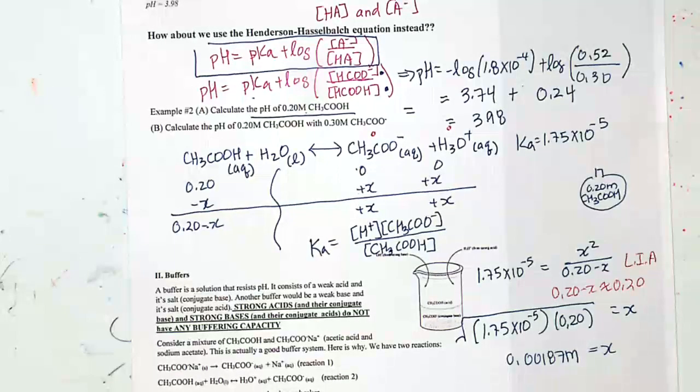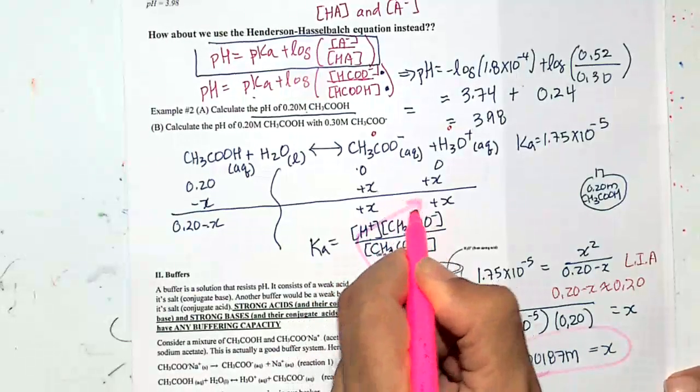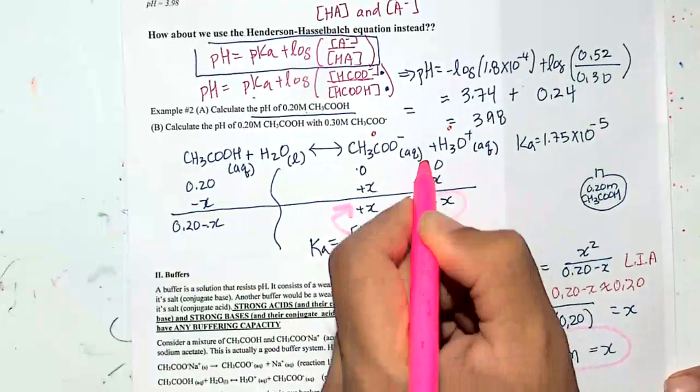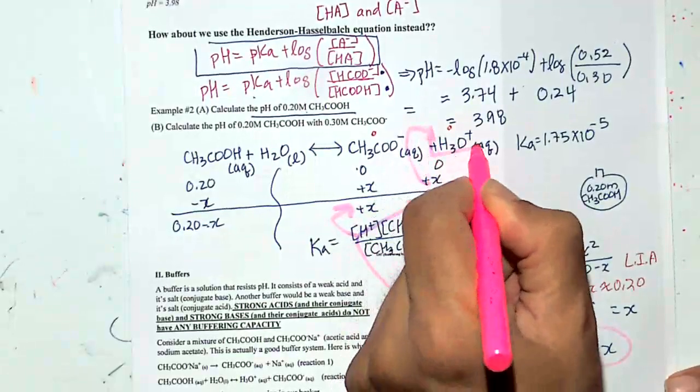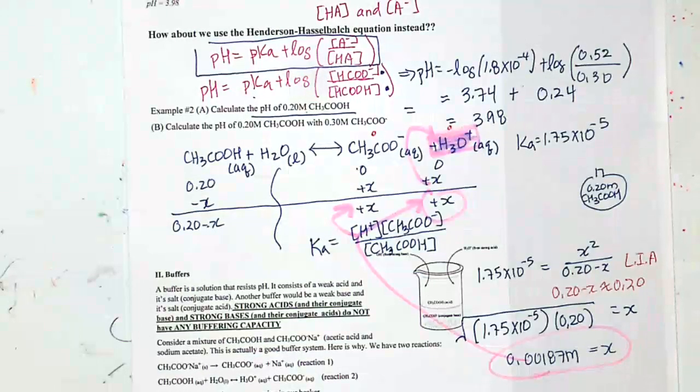Well, what is that 0.00187 molar? That's x. And what does this x really symbolize? What is the concentration of this x? It's the concentration of H3O+. We know our formula for pH is minus the log of H3O+. We'll plug that in and get the answer.